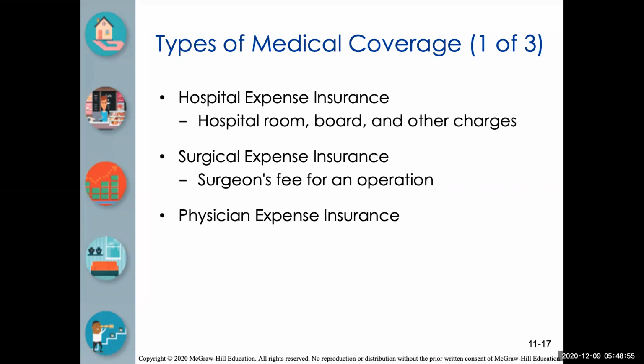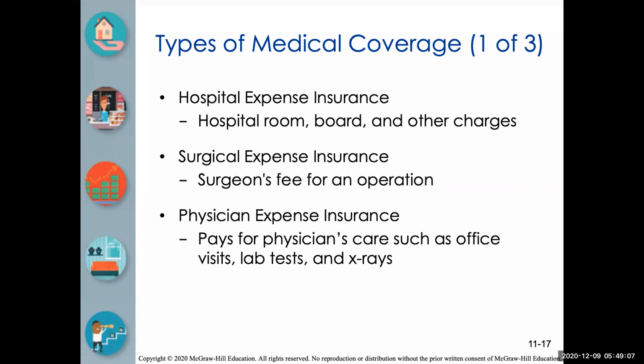So as you can see, you've got all these different layers of expense that go into the overall cost of medical coverage. Your physician expense pays for your office visits, your lab tests, x-rays, but it's not surgery. This is just your general ongoing maintenance.